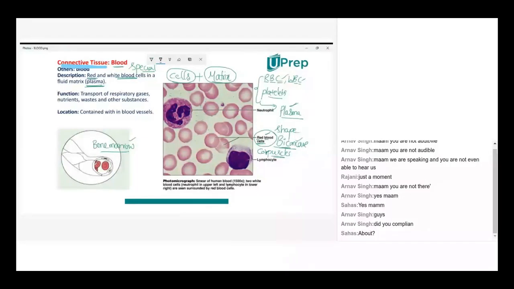So when we are discussing the connective tissue, I said that cells will produce some proteins. Till now we have seen collagen and elastin proteins when we are talking about other tissues. When you take blood, in blood you are having a special type of protein called, anybody know what kind of protein in blood?